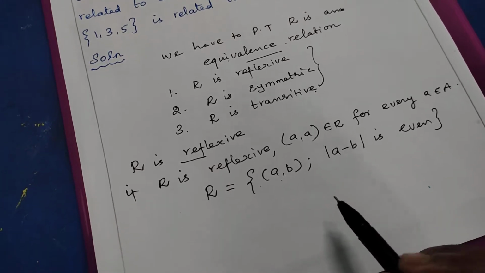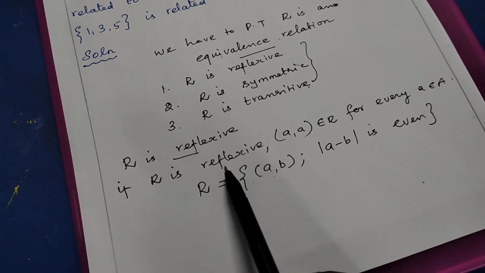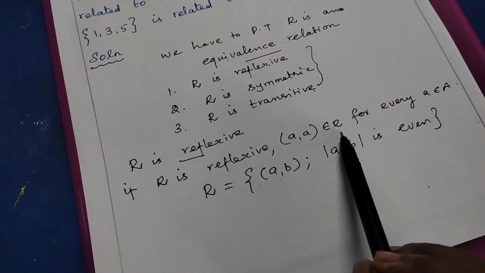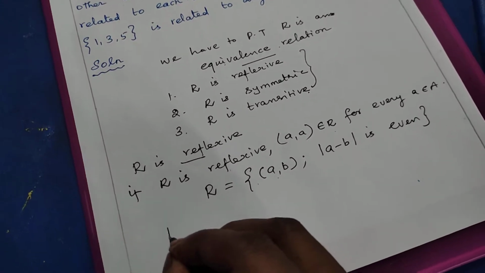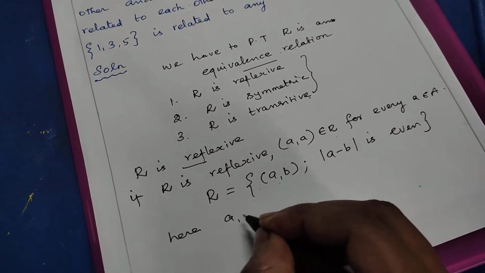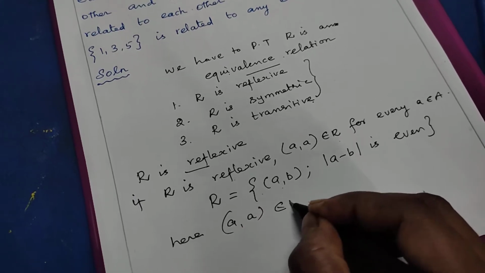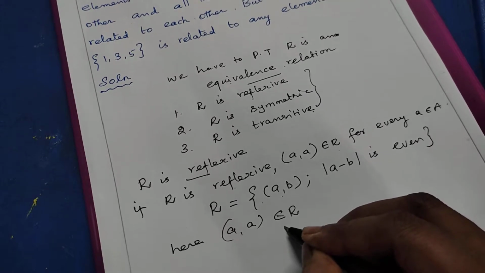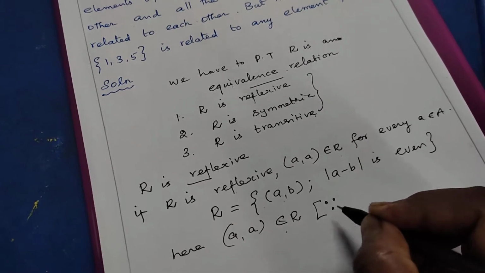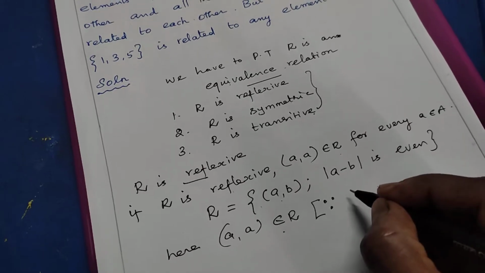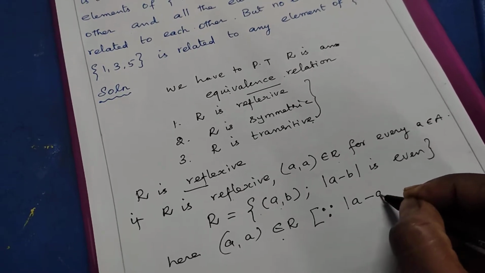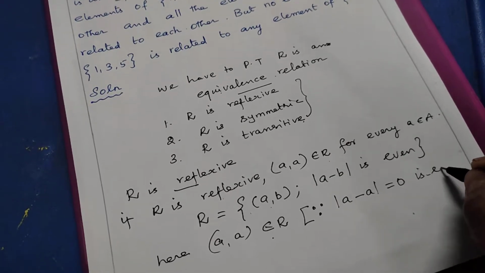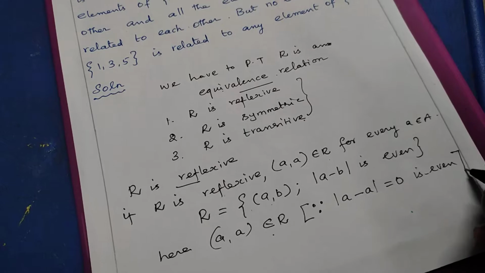Here, what we have to prove is R is reflexive. That means (a, a) belongs to R. (a, a) belongs to R means this condition is true. What is the reason? Modulus of a minus a is equal to 0. 0 is an even number.